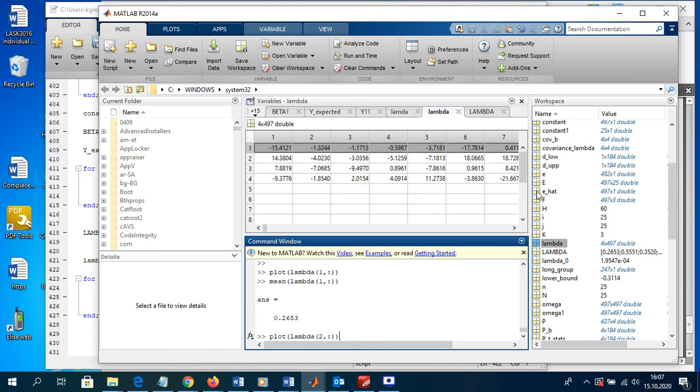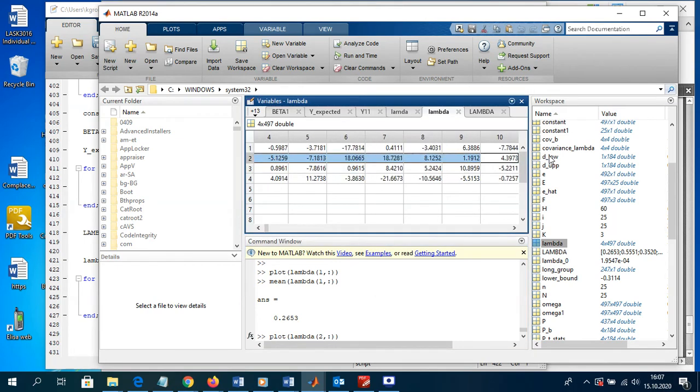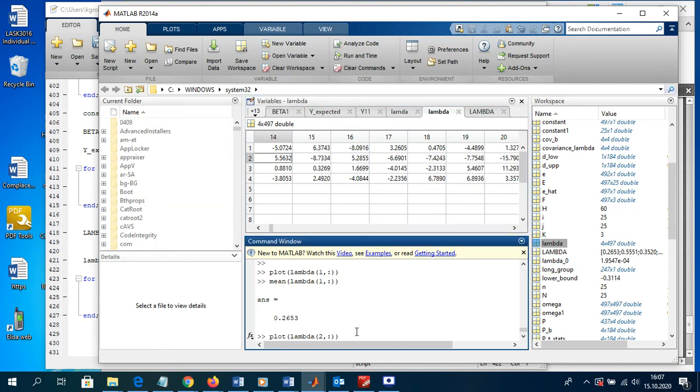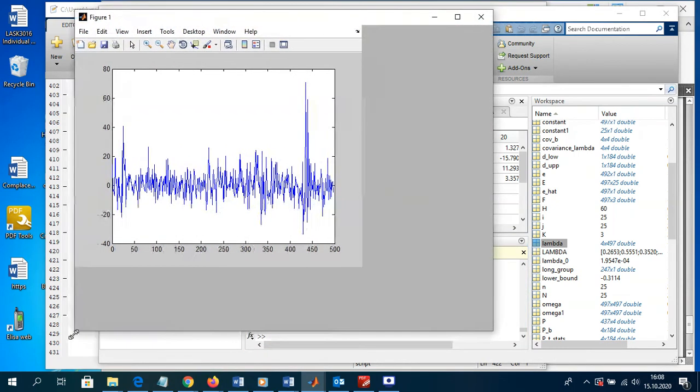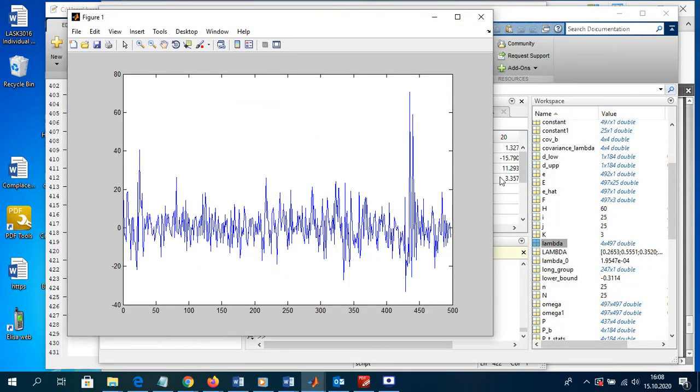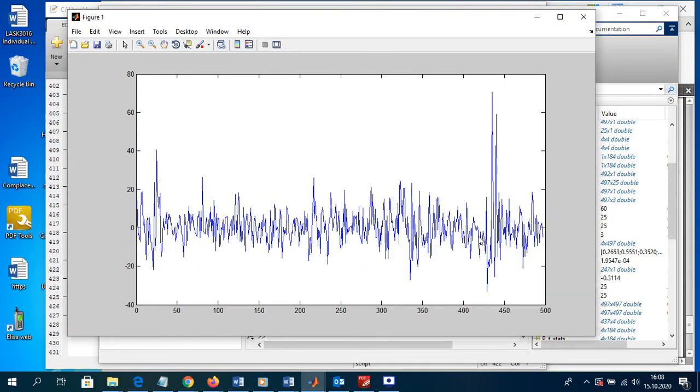So we plot now the second row here from our lambda matrix, and it gives you the evolution of the risk premium associated with the market factor, modeled via the market sensitivities, via the betas, across time, and this is what comes out. You see also here obviously a huge variation.